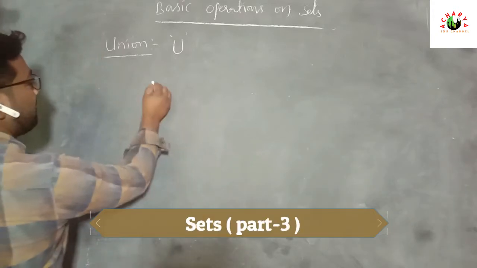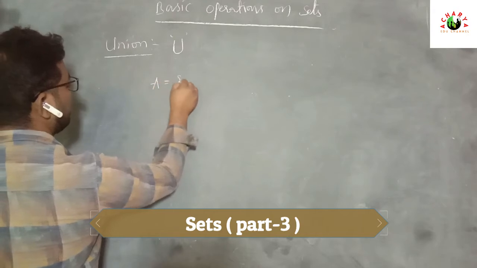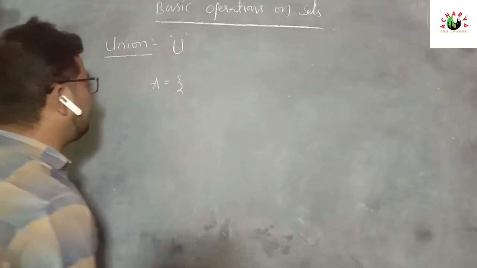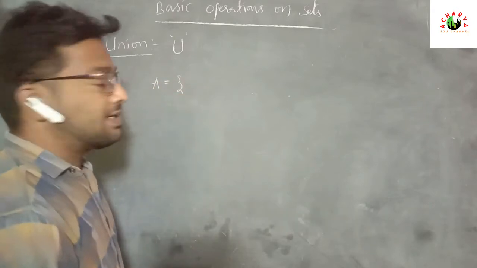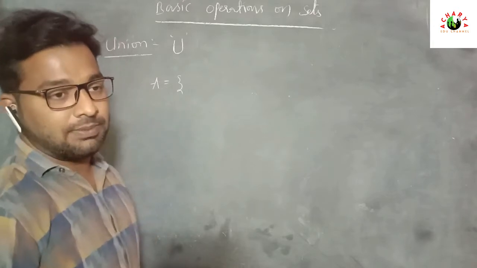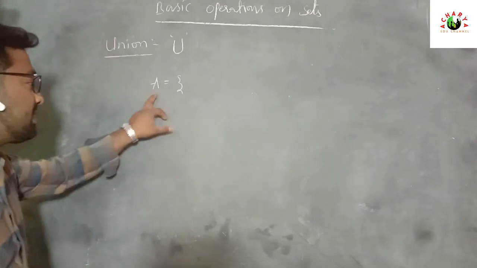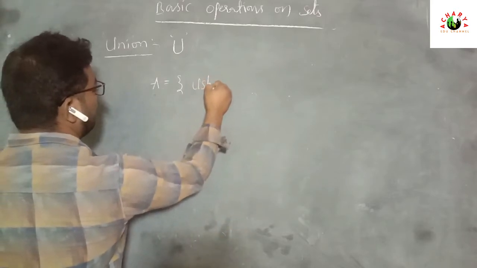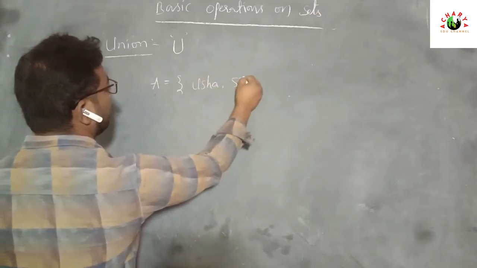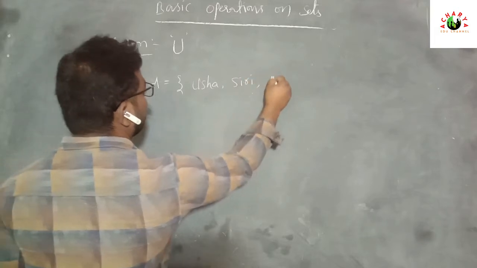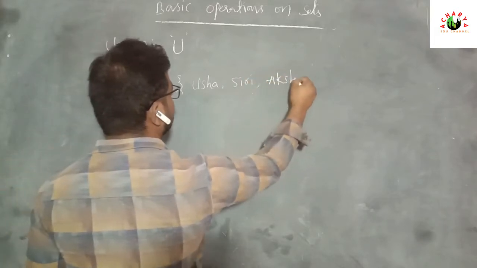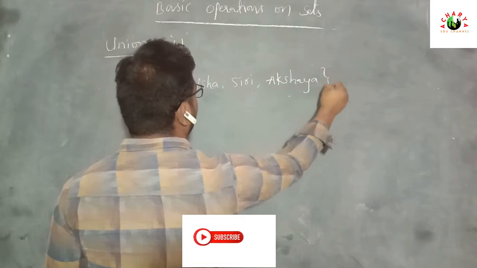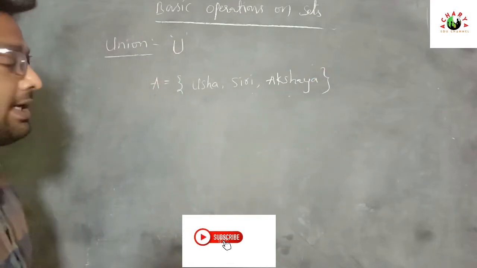See, for example, set A is equal to the best maths toppers in our 10th class, represented by the set, that is Usha, Siri, Akshaya.